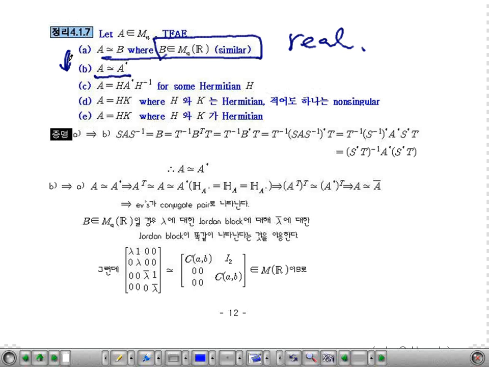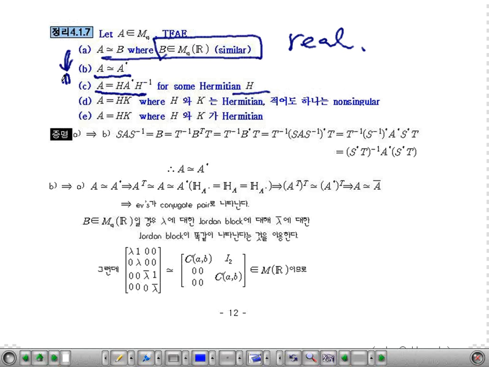Okay, we can prove from here to here, and then A can be written as H A star H inverse for some Hermitian matrix H, which is non-singular.